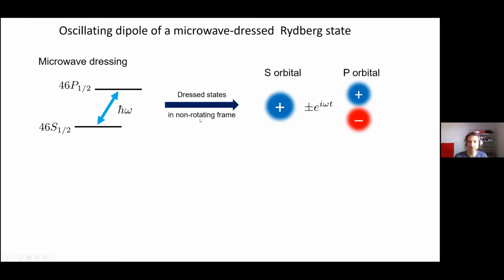But in a non-rotating frame, you have an s plus e to the i omega t, which is the omega of the microwave frequency, plus p. And depending on the time, you will get either a plus, the sum of the two wave packets, or a minus, because this changes its phase with time.